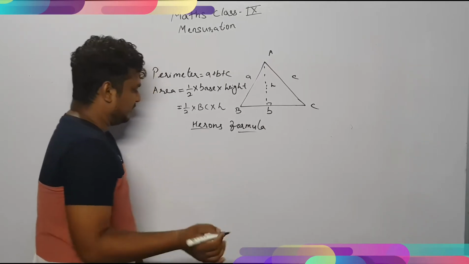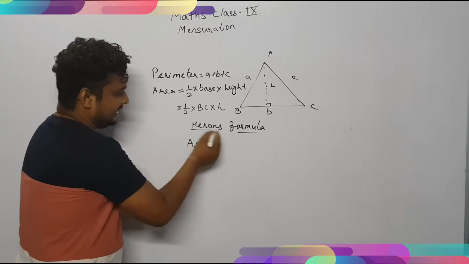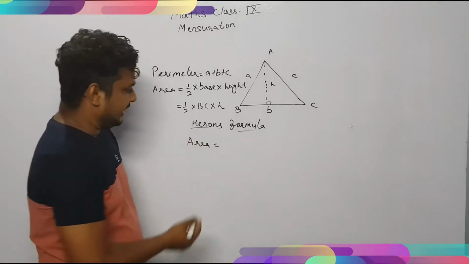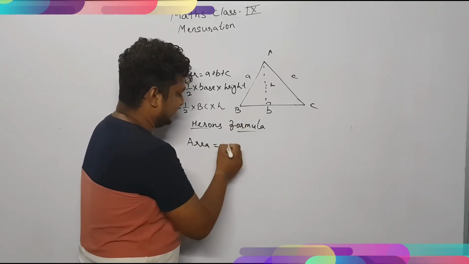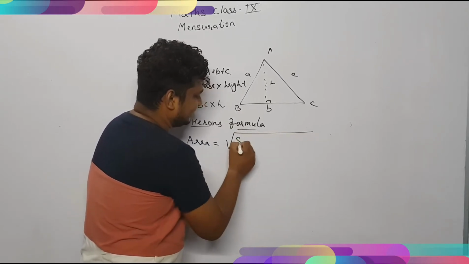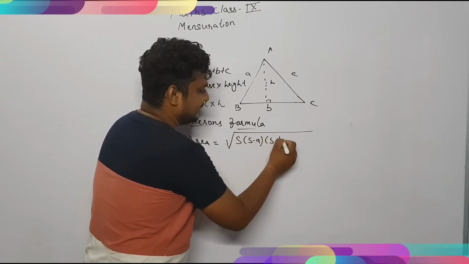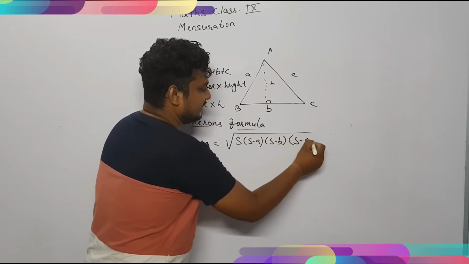First of all, I am writing the area according to Heron's formula. The area of a triangle according to Heron's formula is given by root over s into s minus a, s minus b, s minus c.